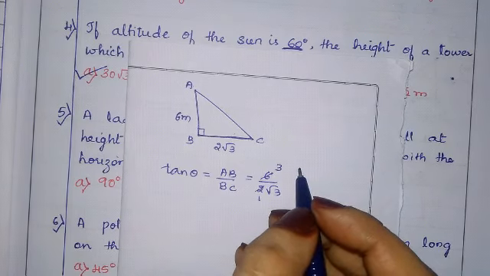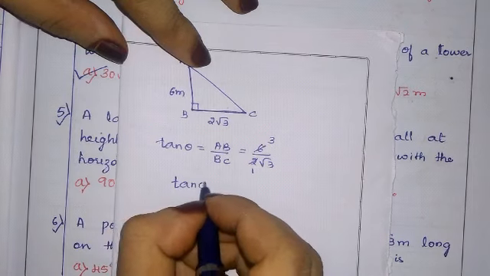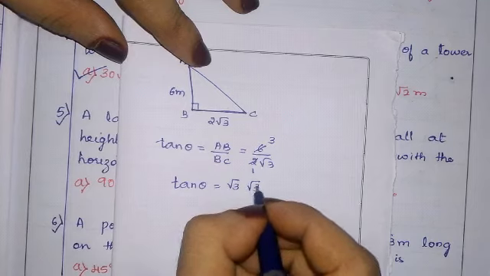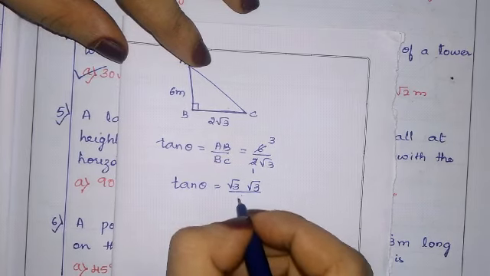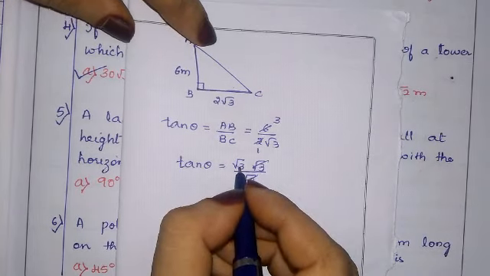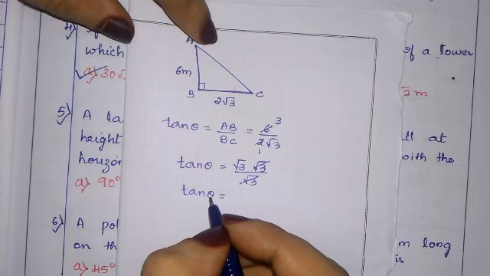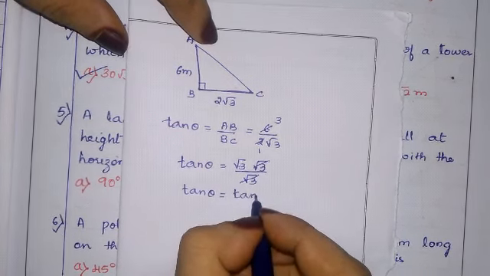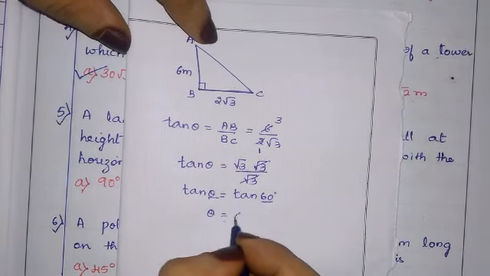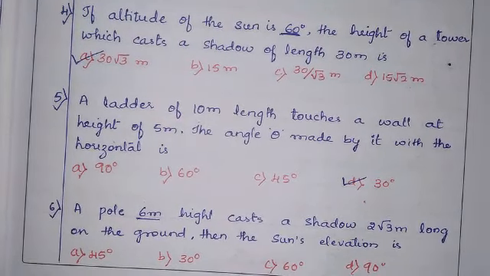Again we can write 3 as root 3 into root 3. So tan theta is equal to root 3 into root 3 upon root 3. Root 3 gets cancelled. We have got only root 3. So in the tan table, root 3 comes for what value? 60 degree. Tan 60 degree is root 3. So theta is equal to 60 degree. So the correct option is C, 60 degree.